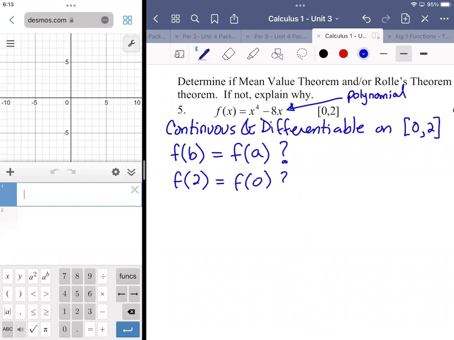If I plug in a 2, I get 16 minus 16, which is 0. If I plug in a 0, I get a 0. So that checks out.